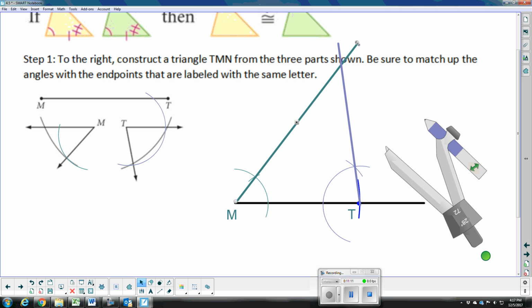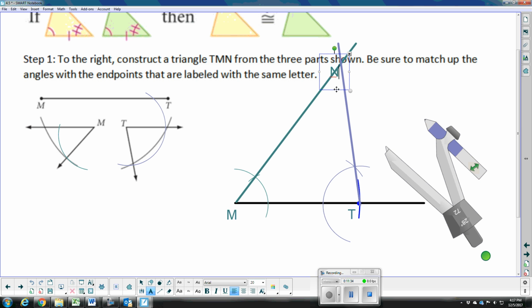Depending on where you put it on your note sheet, yours probably will. But you should end up with triangle TMN. So that last one is angle N.